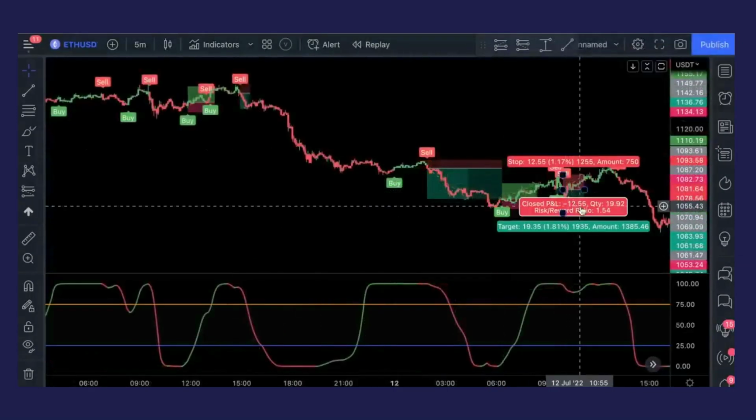So let's actually do our backtesting and see how well this strategy would perform in different market conditions.